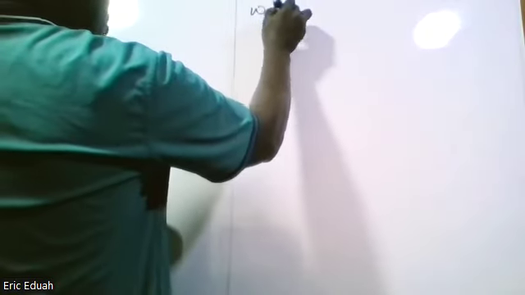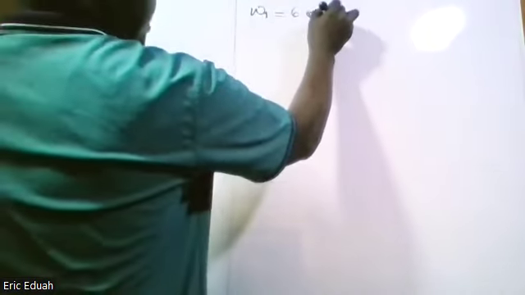Okay, so 9.25. A wheel revolving at 6.00 rev per second. So let's extract the information given. Omega 1 is equal to 6.00 rev per second.